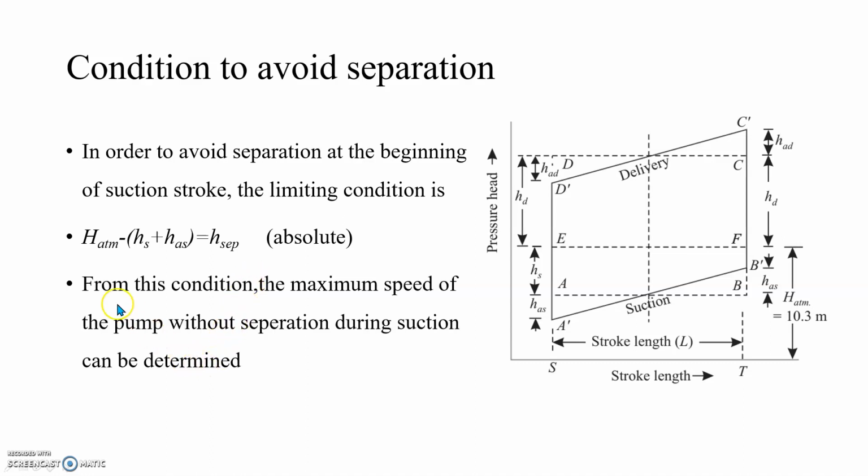From this condition, the maximum speed of the pump without separation during suction can be determined. In your university examination, what we have to determine in the numerical problem is the maximum speed of the pump without separation. This is the question which is asked in this section.